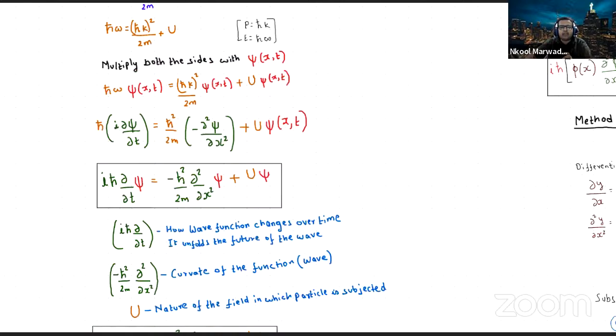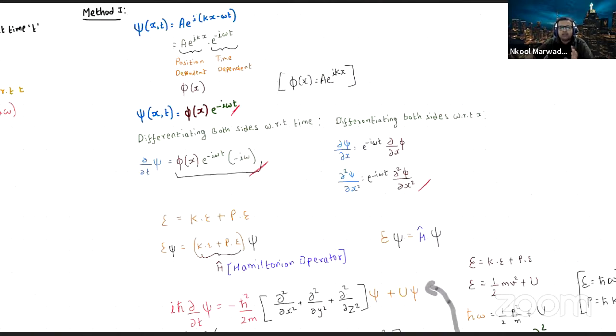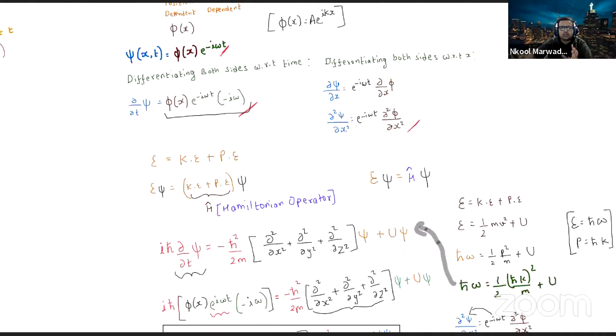We have to make it time independent, so we applied some mathematical techniques wherein we introduced this phi x. We did some differentiation to get some useful terms, which we made use of to get the equation which is time independent.